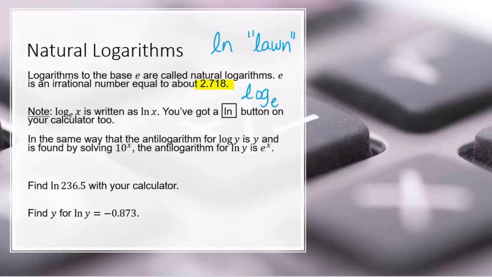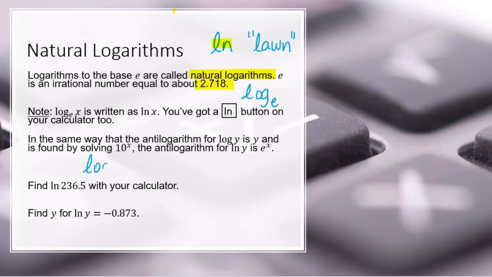If you're comfortable using pi, which is approximately 3.14, you can think of e in the same way. E is just a number. If we want to represent it exactly, we'll write the lowercase letter e, and if we're okay with the approximation, we can use 2.718. Ln, we say is the natural logarithm, log to the base e.